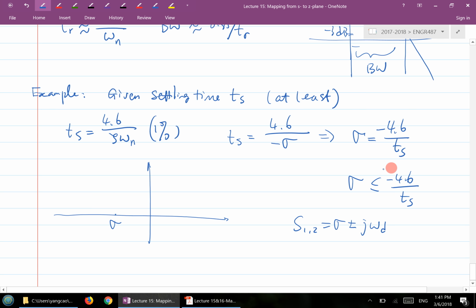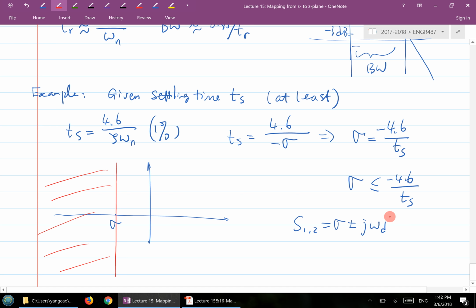You see, sigma needs to be less than this, right? So basically you can draw a vertical line here. Then any points on the left side of this vertical line will give you a sigma that is less than this much here. Okay.